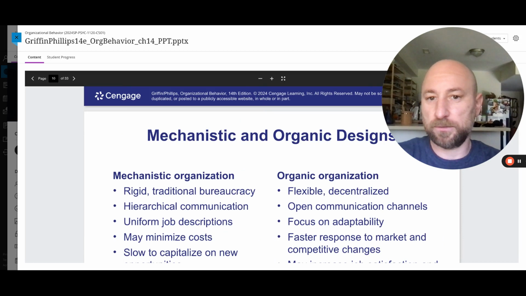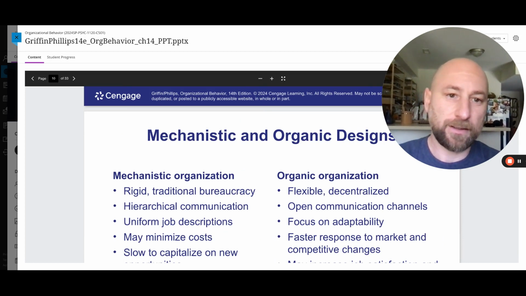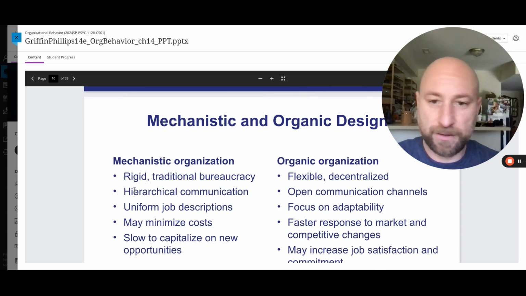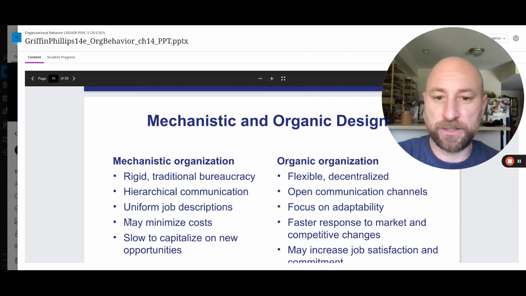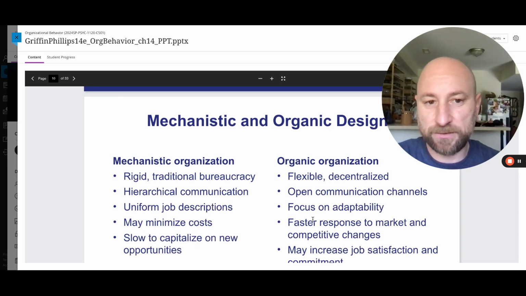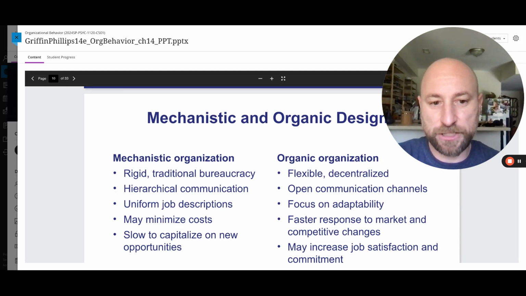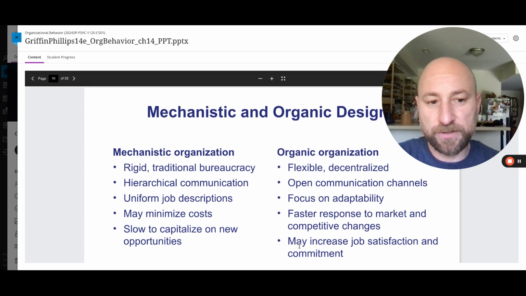Okay, so let's talk about mechanistic versus organic designs. Mechanistic means rigid, traditional bureaucracy, hierarchical, uniform job descriptions, may minimize cost, slow to capitalize on new opportunities. An organic organization is flexible and decentralized, with open communication channels, a focus on adaptability, and faster response to market and competitive advantages, and may increase job satisfaction and commitment.